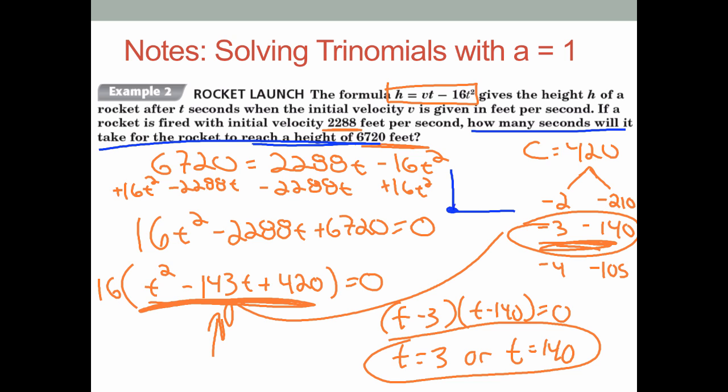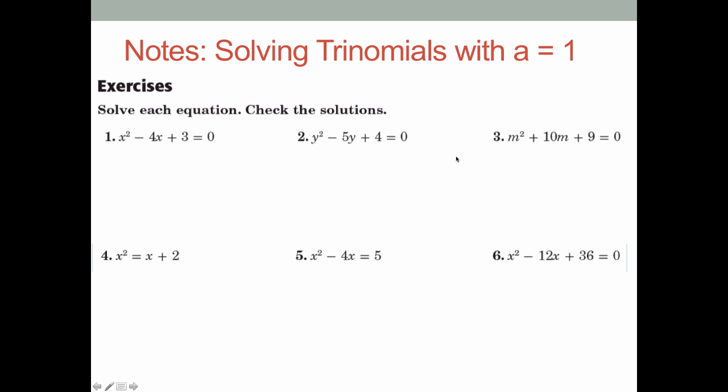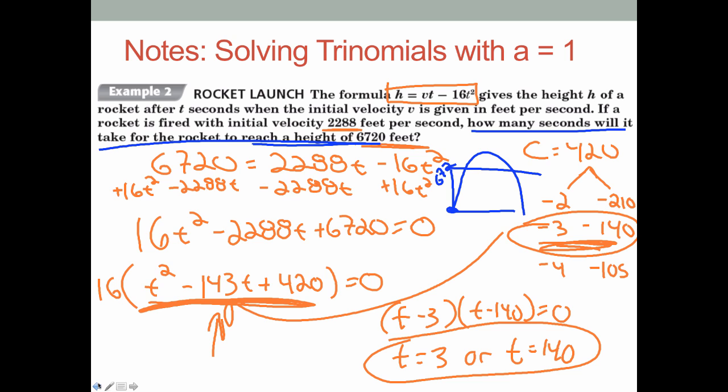the rocket is going to come up and go back down in a parabolic motion. What happens is, I hit this level at 6,720 feet, and the rocket goes up, goes past that height, and then comes back down. Well, how long did it take to reach that?